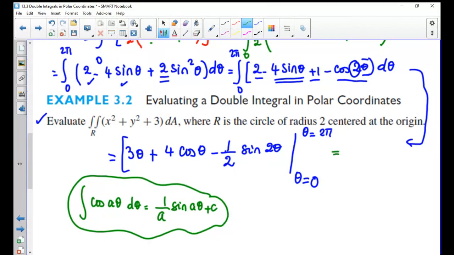Okay, now we substitute. Actually, the only term which will give you something is the 3 theta, because the others are the same at 2 pi and 0, so they will all cancel. So the final answer here will be just 6 pi.